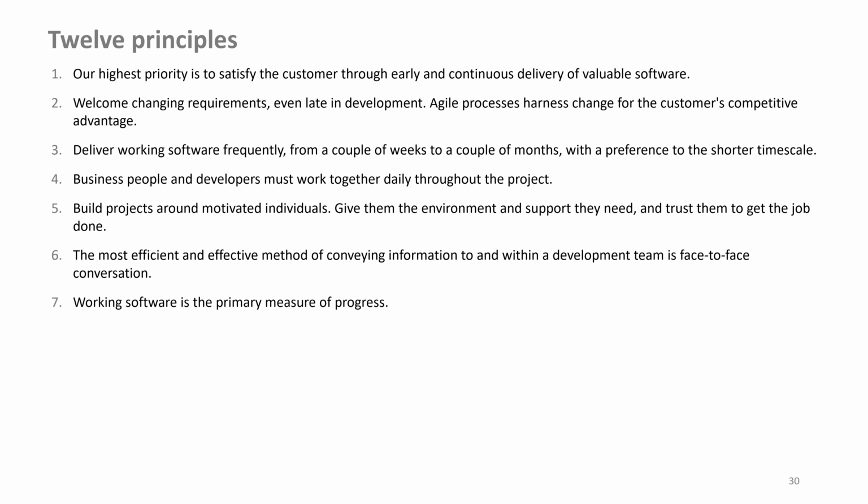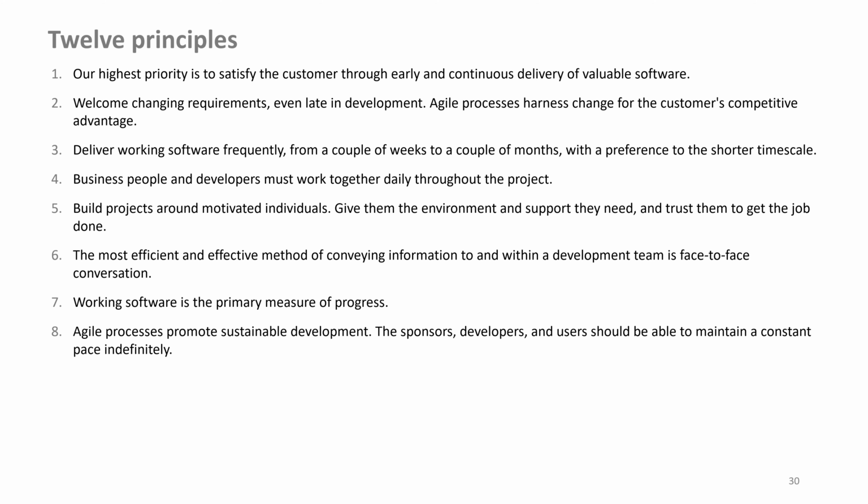Working software is the primary measure of progress. Delivering functional software to the customer is the ultimate factor that measures progress. Agile processes promote sustainable development.